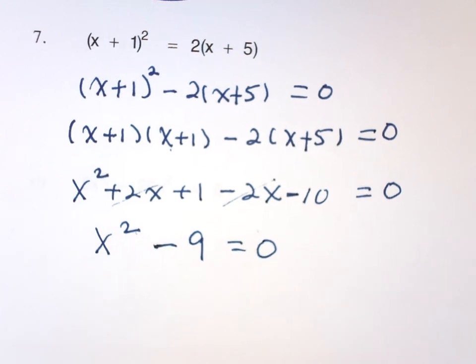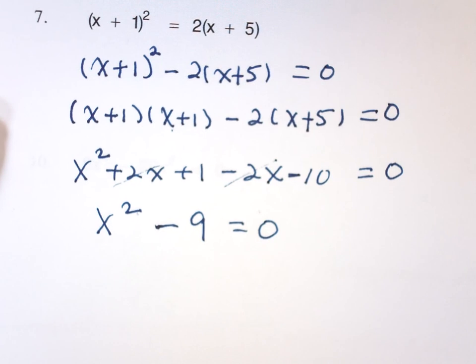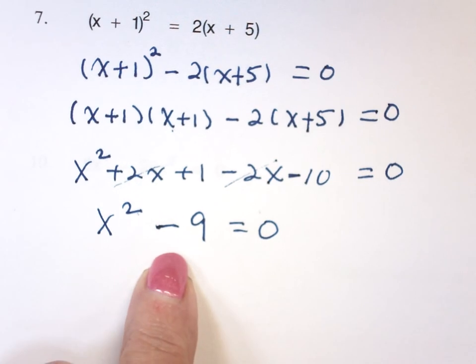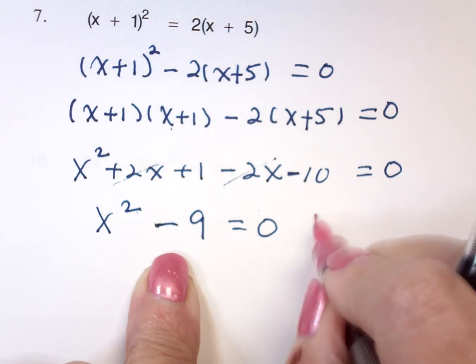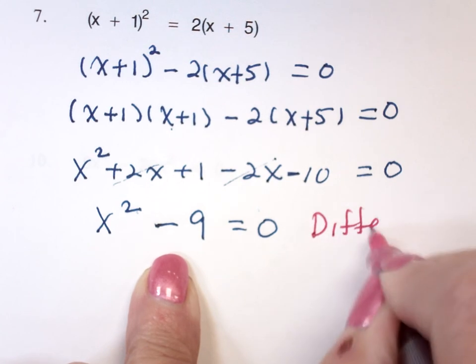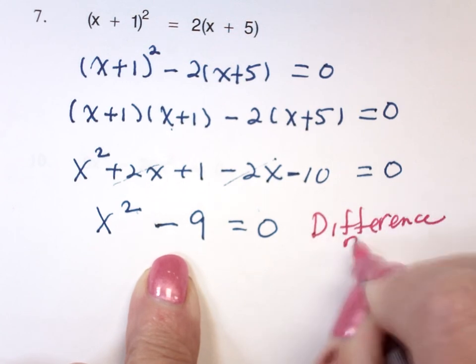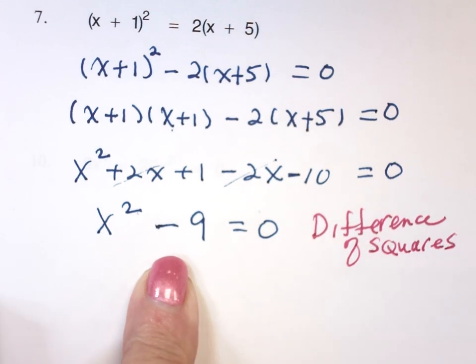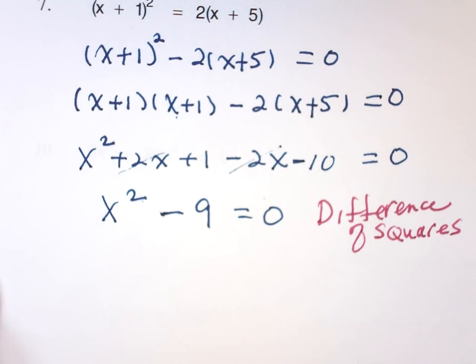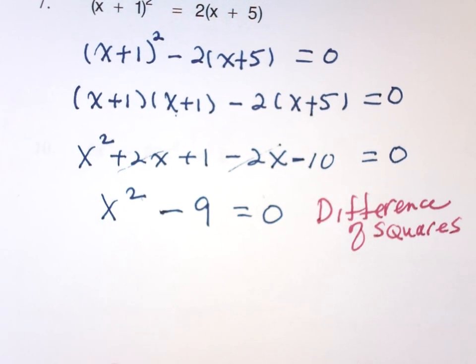What is his name? Begins with a D. Difference of squares. And therefore, in order to factor it, you have to know what it is.